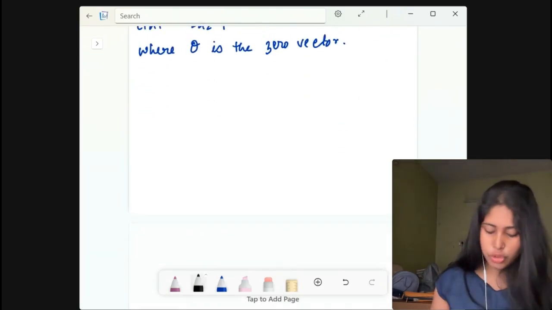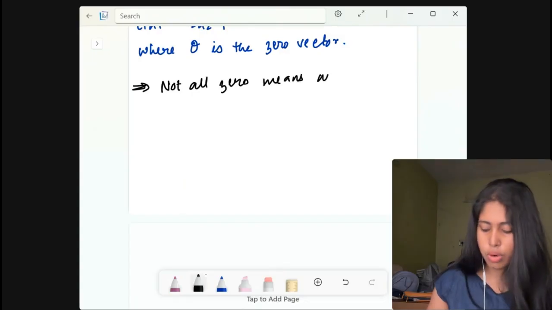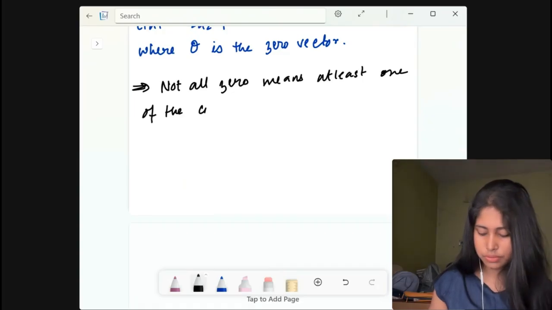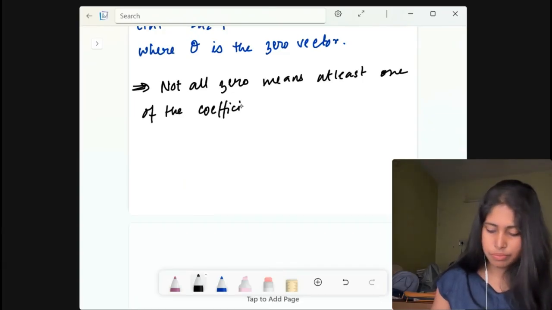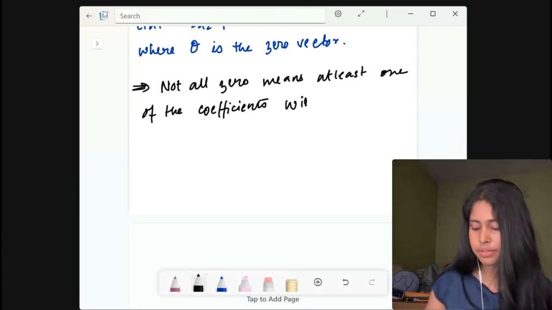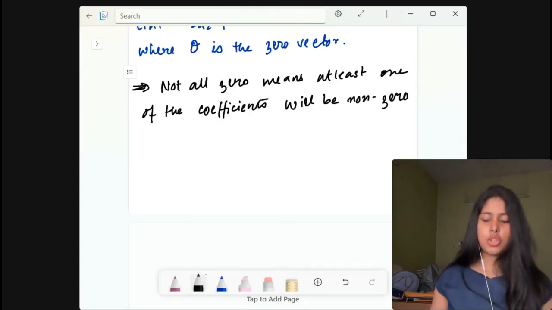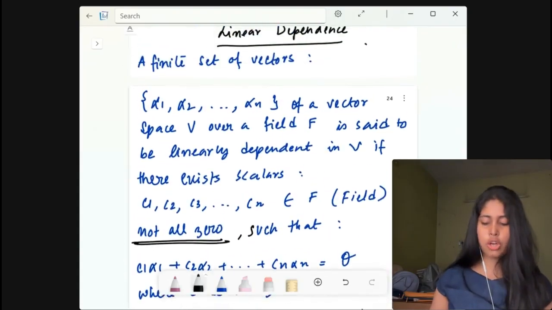Let me write it as a short note. Not all zero means at least one of the coefficients will be non-zero.